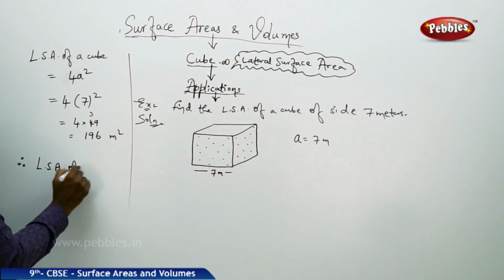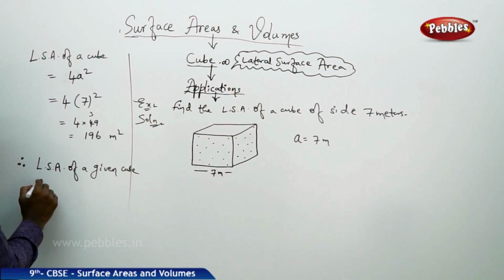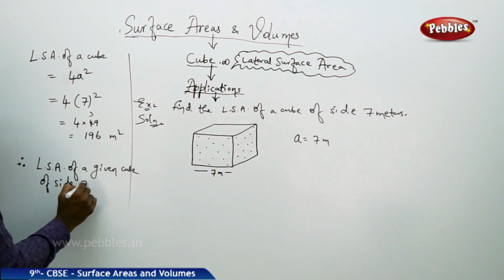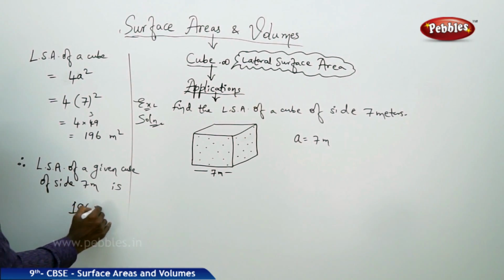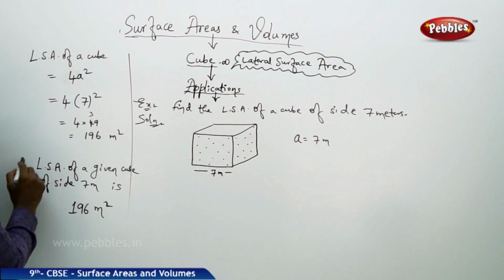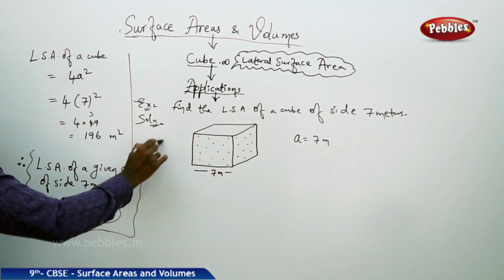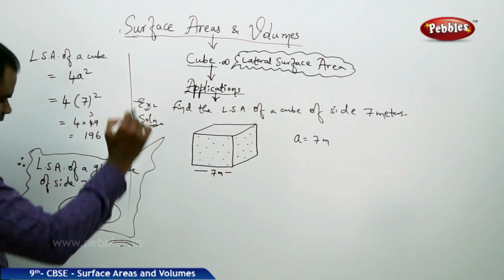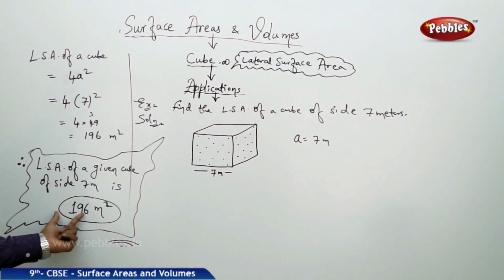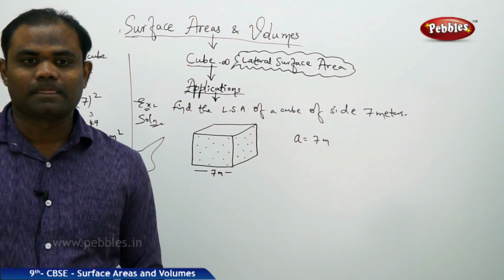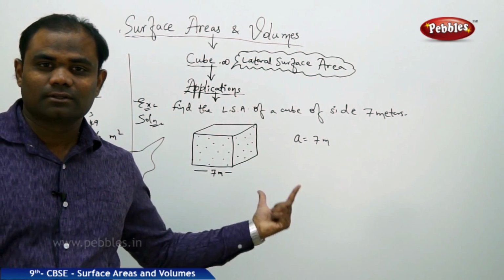Therefore, LSA of a given cube of side 7 meters is 196 meters square. This is what we get. The lateral surface area of this cube of side 7 meters is 196 meters square. That is how we conclude the applications of lateral surface area for solving problems.